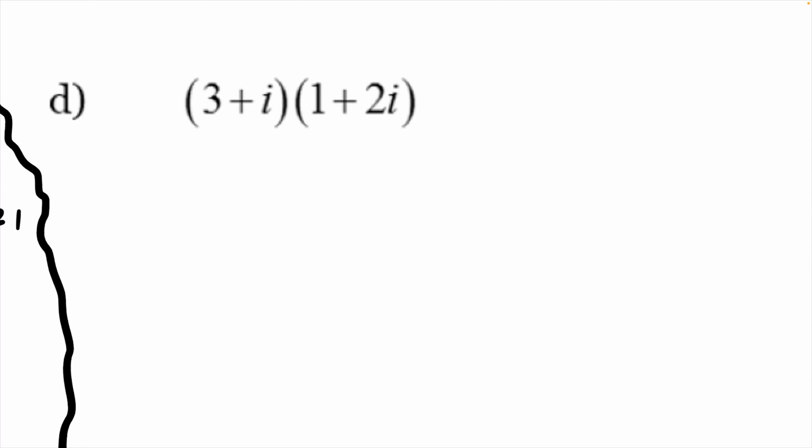Okay. So if there were x's instead of i's, what will we do here? What did you do on the last test? How did we simplify these guys?